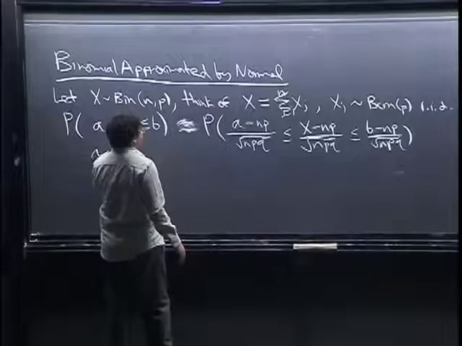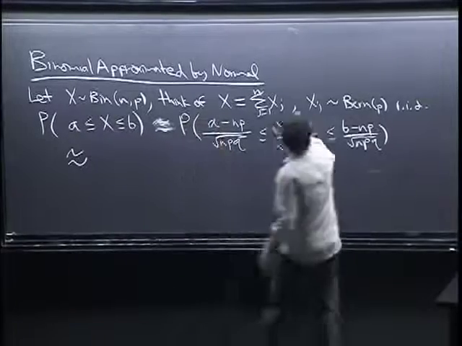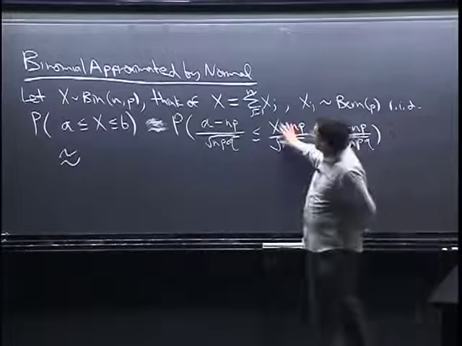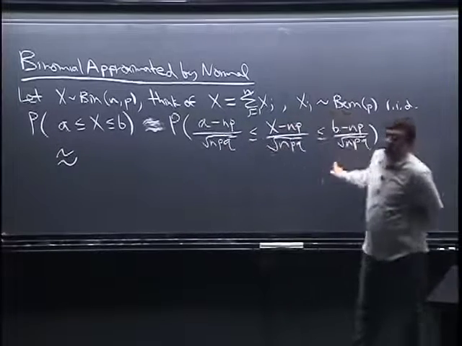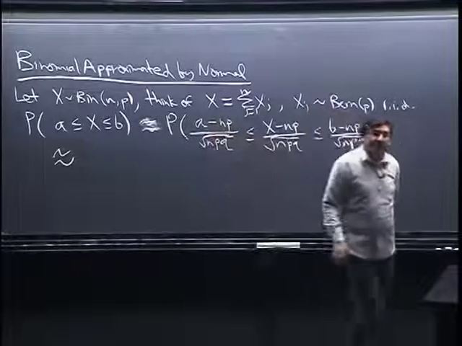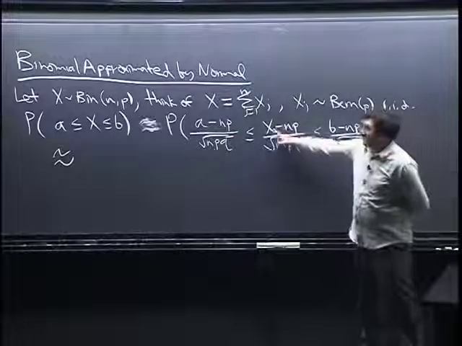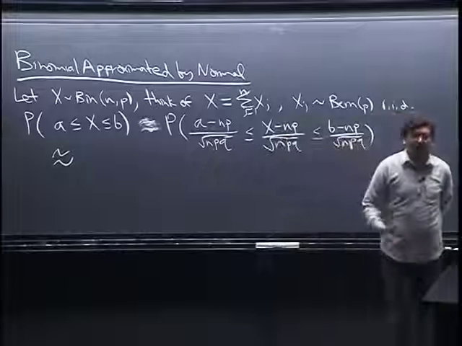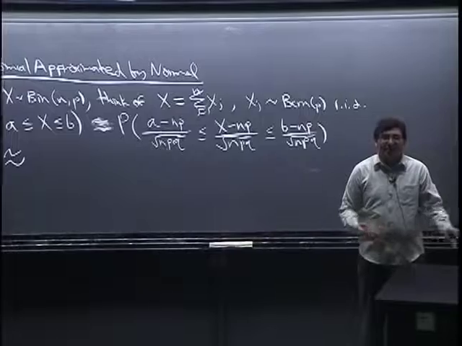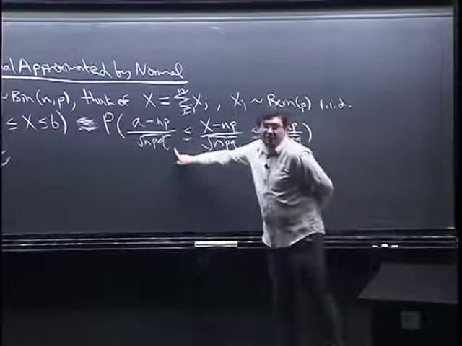Now we're going to use the normal approximation. We're going to say this is approximately normal. And if I want the probability that a normal is between something and something, that's just the CDF here minus the CDF here, right? Because this is discrete, but we're approximating it using something continuous, and we just integrate the PDF from here to here.